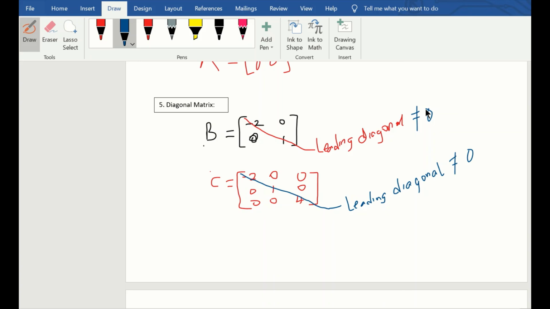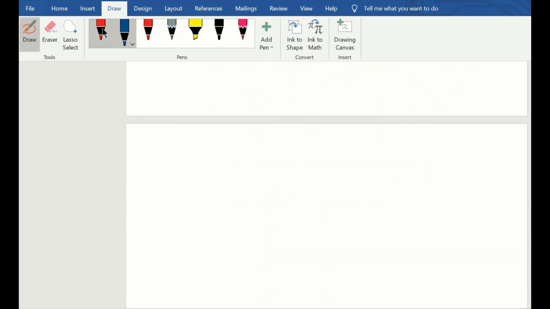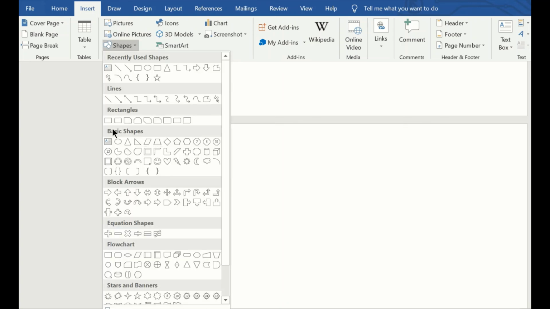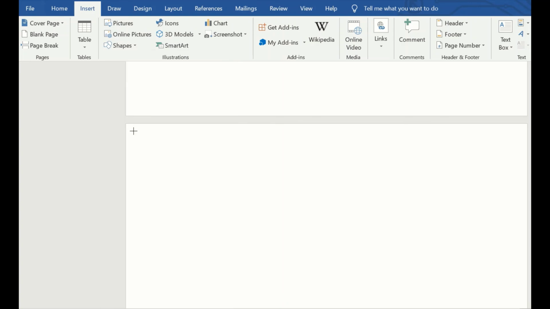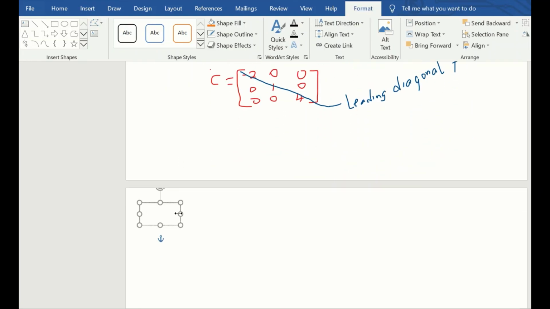I'll show us one more example or type of a matrix. It is called the unit matrix. This should be our number 6. Yes, this is called the unit matrix.